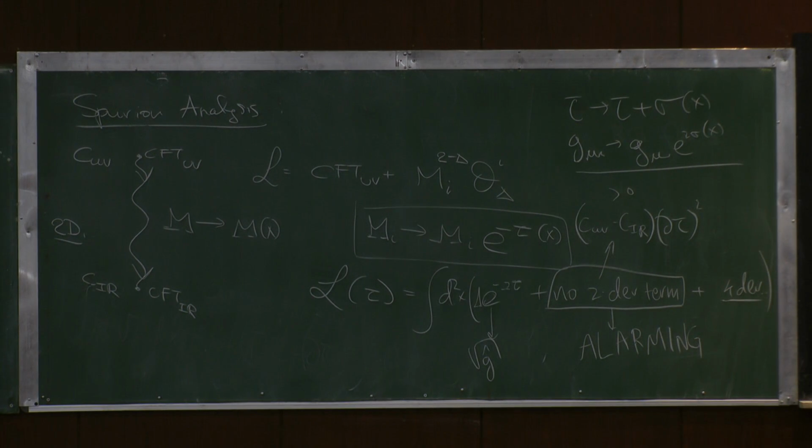Yes, Nima? Just if we could ask a question and expand a little on the question of why the action is local. Yes. Because here you are promoting the mass parameters that are breaking the conformal symmetries, the relevant operators that you added, to a background field. And now you're about to treat the anomaly as something that we forgot.